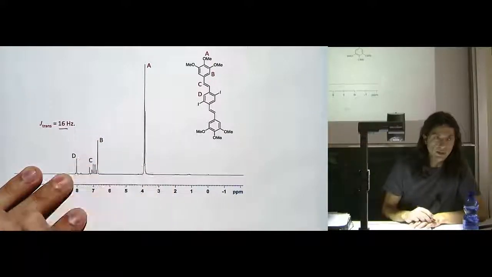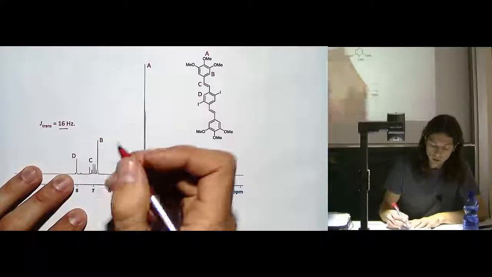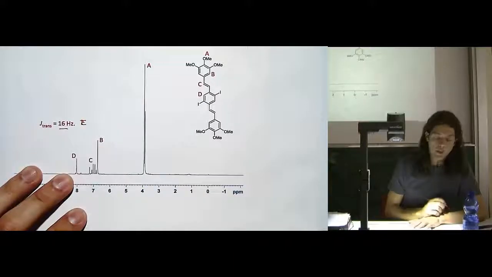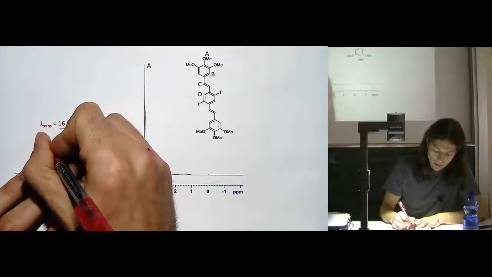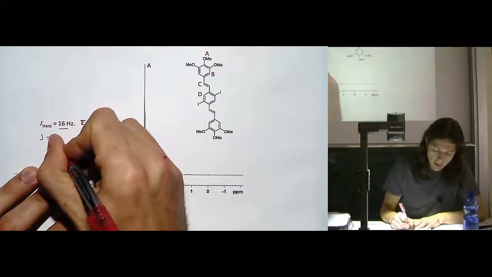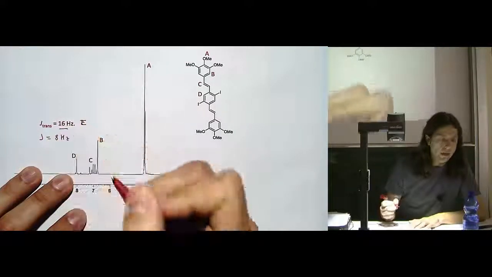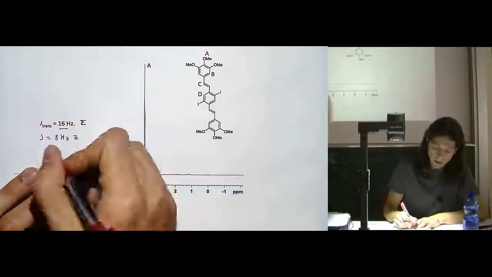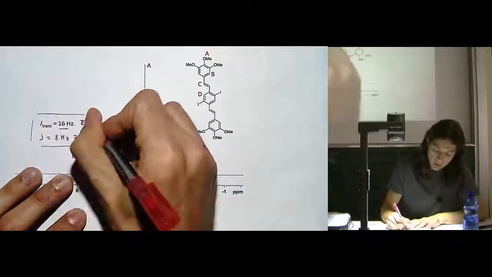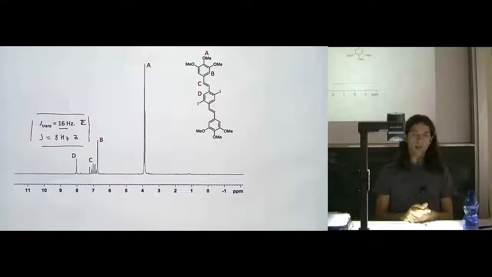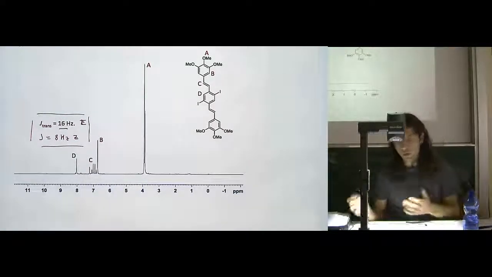J constants of 16 Hertz are typical for the E configuration. On the other hand, J constants of approximately 8 Hertz are characteristic for the Z. This is quite important, because it finally allows us to identify what configuration we are getting after the Horner olefination reaction.